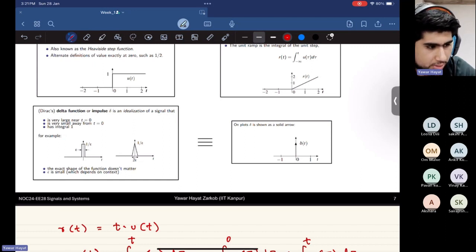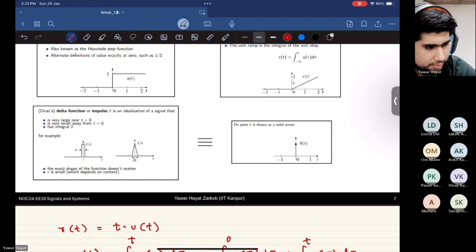The other way to interpret this integral is that the area under the curve should be 1. For a rectangle, area is height times width, so epsilon times 1 by epsilon is 1. Similarly for a triangle, area is half of base times height, which is 1 in both cases.